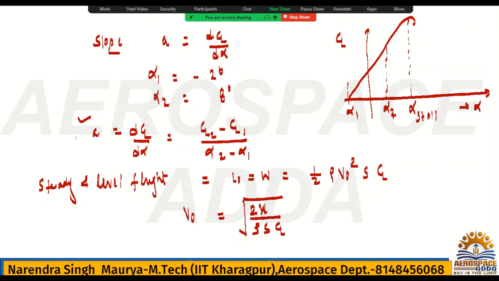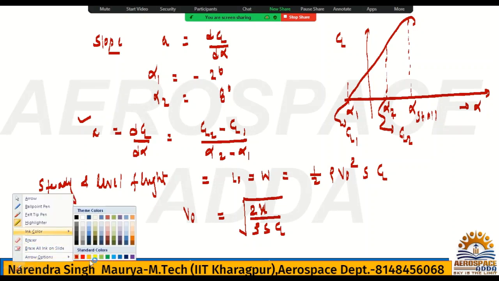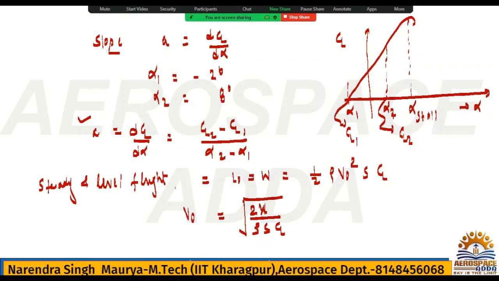For the negative angle of attack alpha 1, what is the CL value? It will be CL1. And for alpha 2, the positive value, the CL value will be CL2. If you check this graph, where alpha 1 is given, at that particular point what will be the CL? CL1 will be 0.